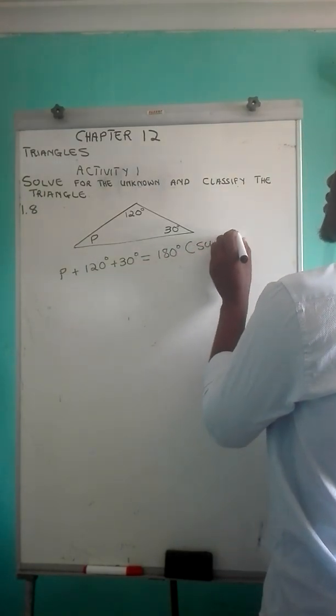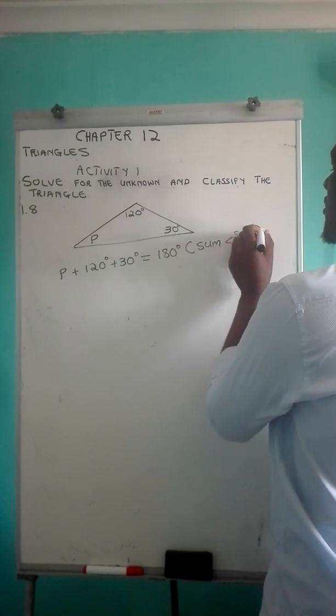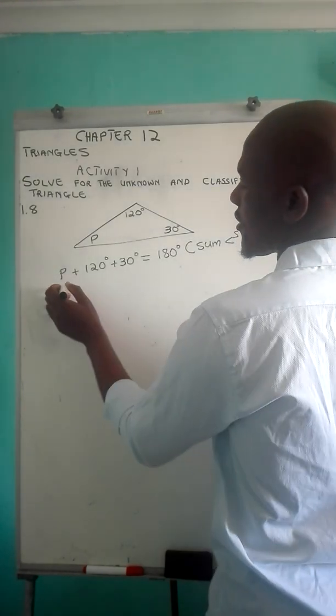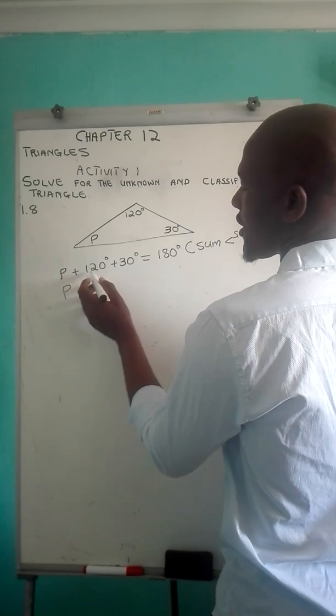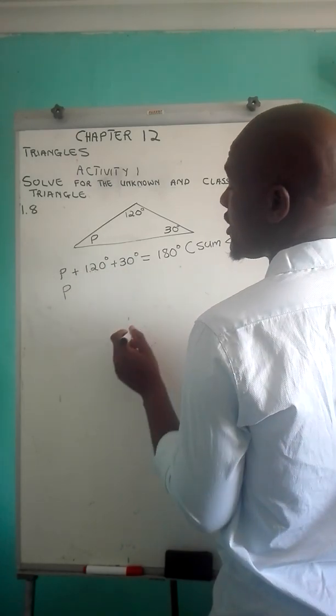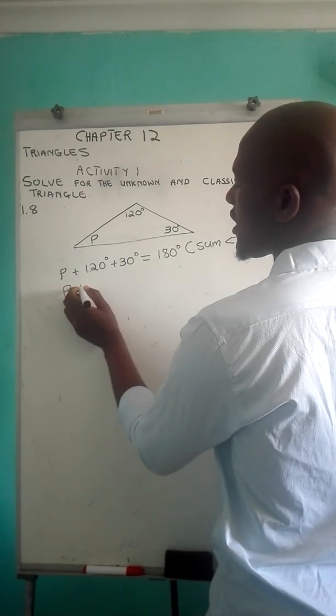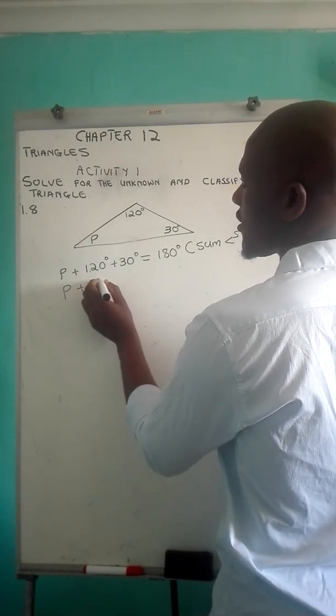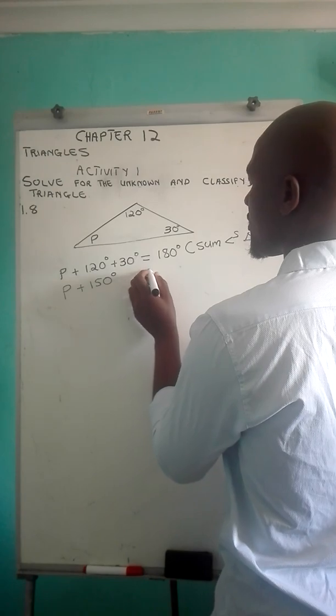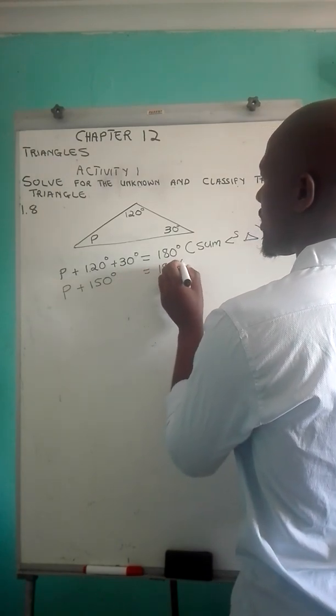Sum of the angles of a triangle. This is P. 120 plus 30, it's 150 degrees.